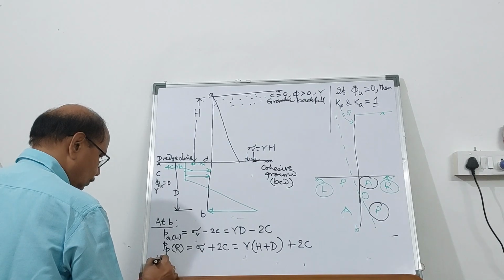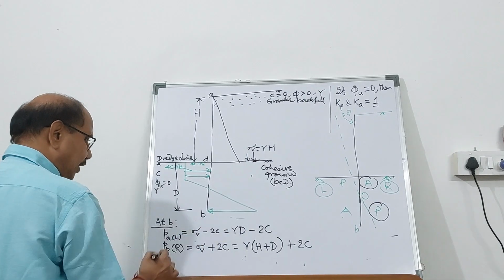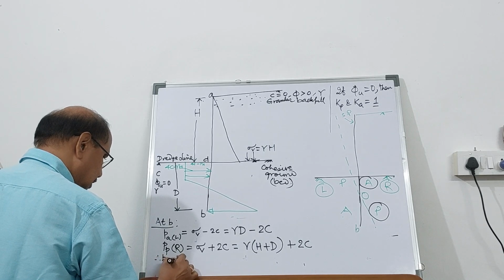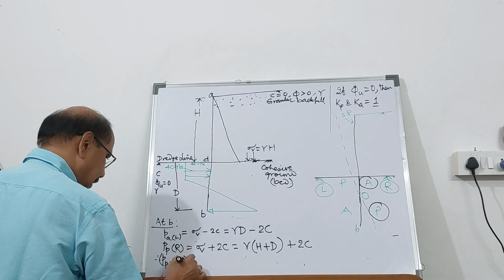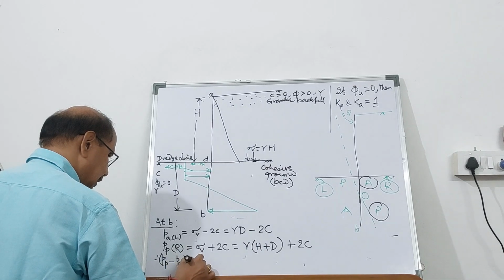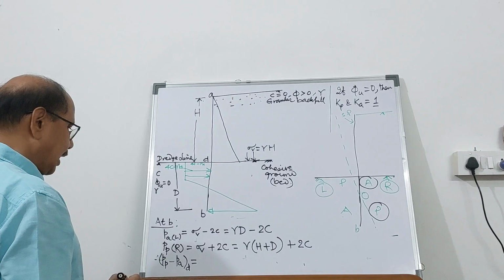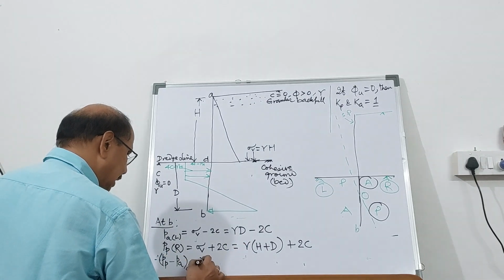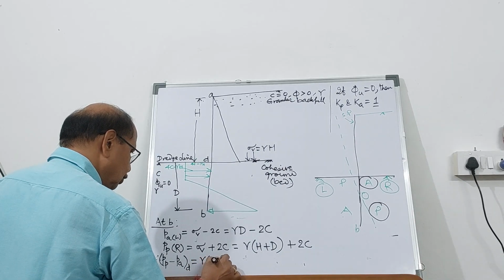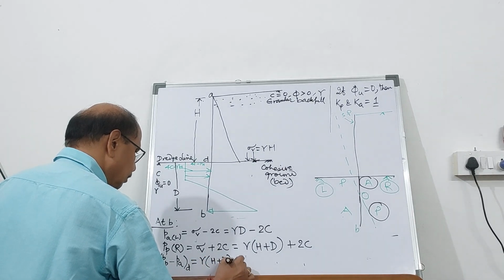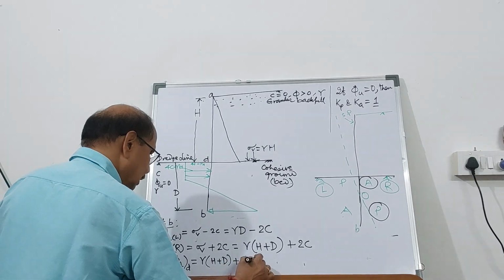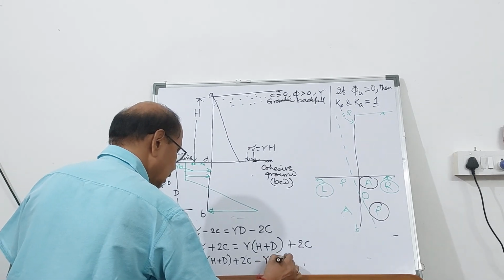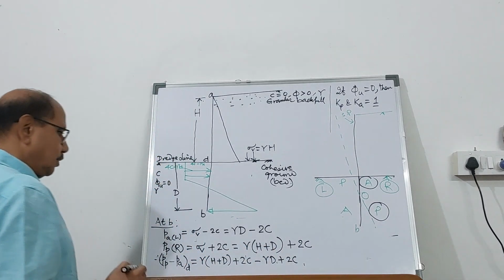Therefore, the net pressure here will be PP minus PA at D, which can be calculated. So it becomes gamma H plus D plus 2C minus gamma D plus 2C.